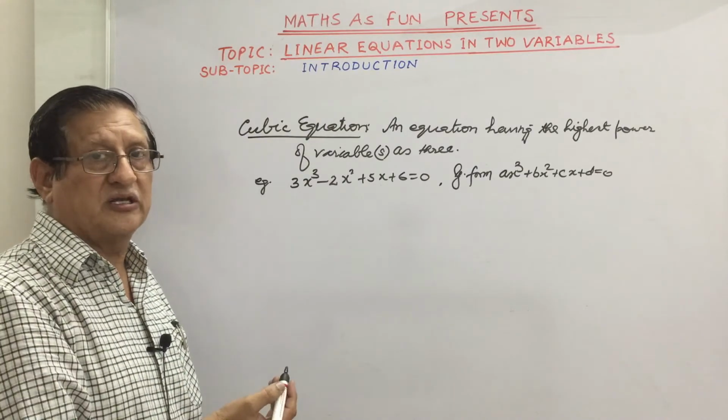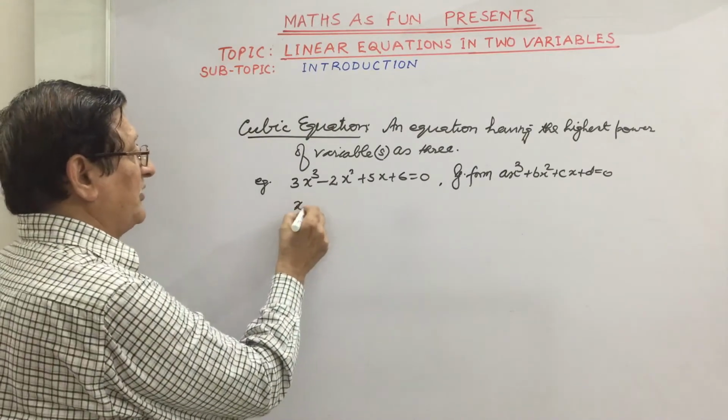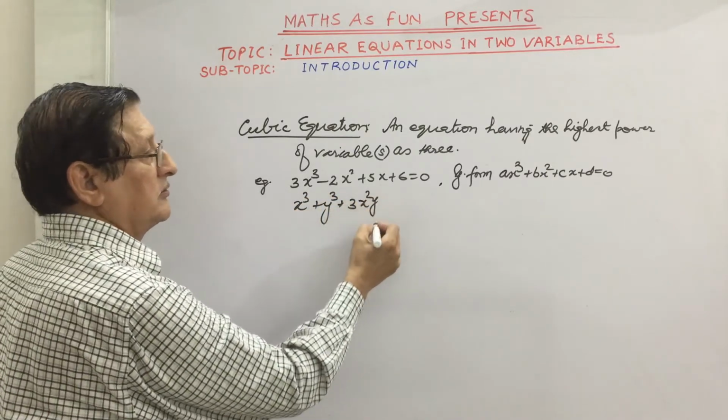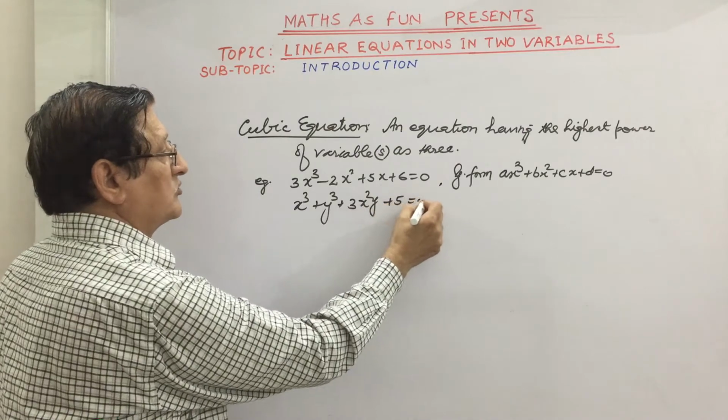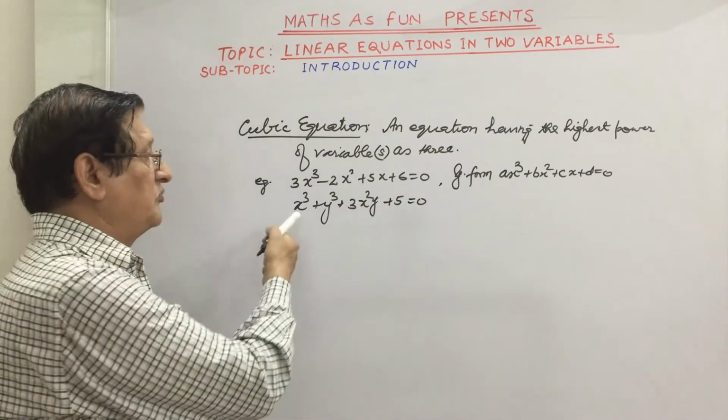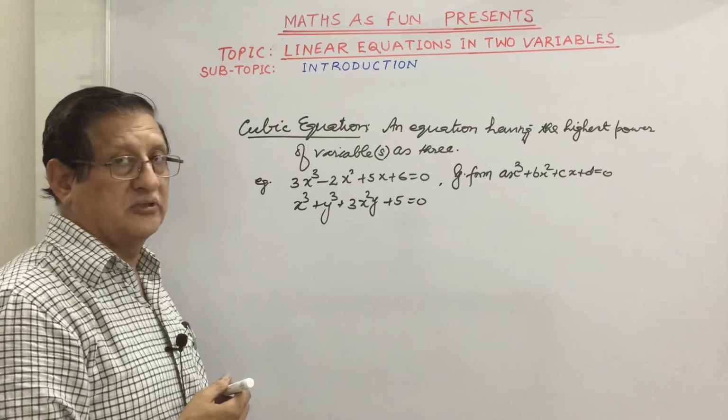We may have it in two variables also. Like suppose we have x cube plus y cube plus 3x square y plus 5 equal to 0. This is a cubic equation in two variables.